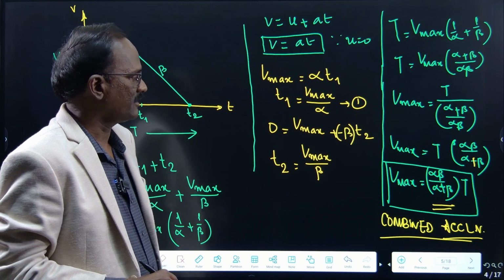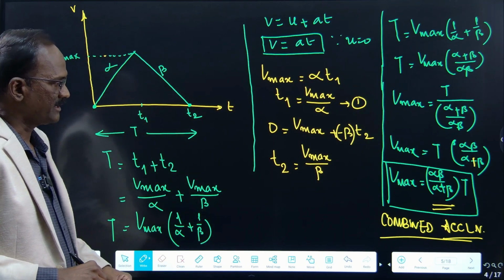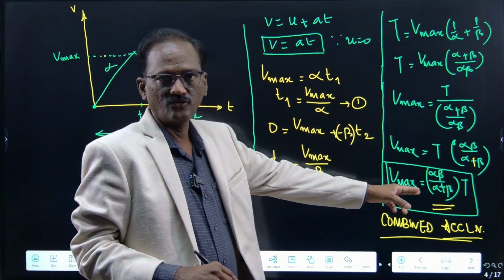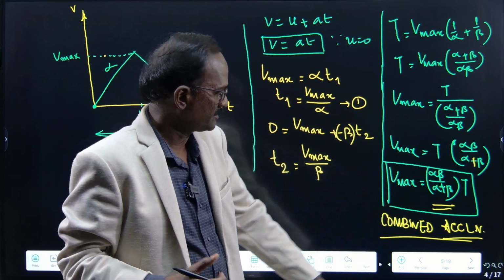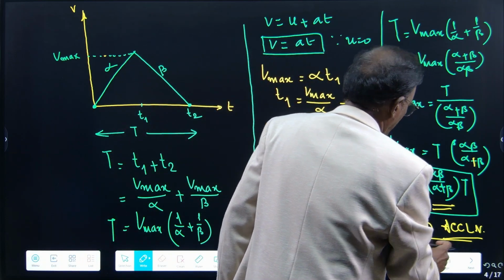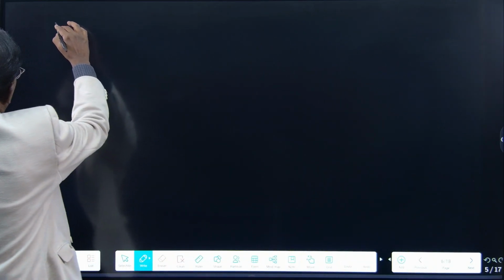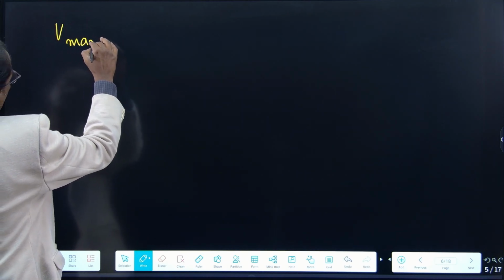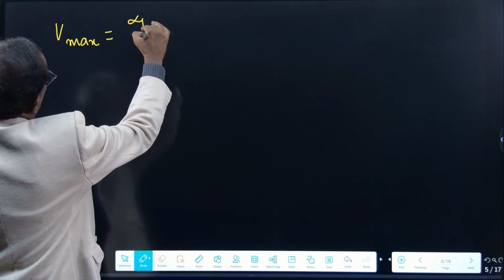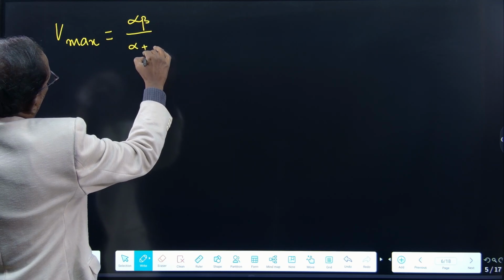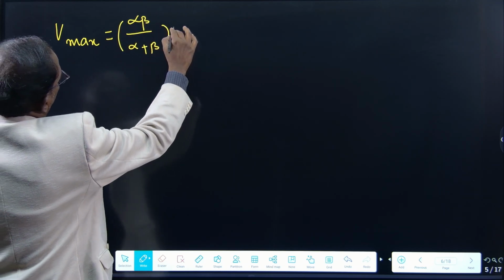Alpha beta divided by alpha plus beta. So this is total time of journey. This formula is very useful for us to solve some more problems which are coming. So this is V max is equal to alpha beta divided by alpha plus beta into T.